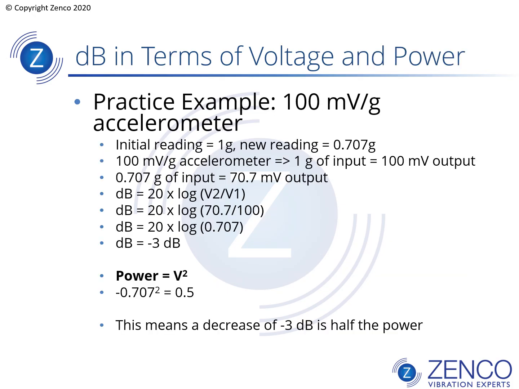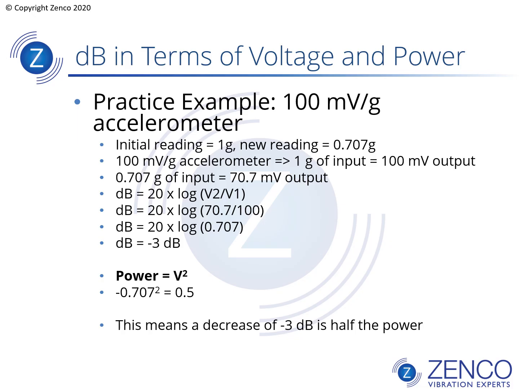Okay, now let's go back to our example of a 100 millivolt per G accelerometer and see where voltage comes into play. So let's say we had an initial reading of 1 G, and then we took another reading and it was 0.707 Gs. If our accelerometer is 100 millivolts per G, then 1 G of input would be 100 millivolts of output. If our vibration level was 0.707 Gs, then we would have 70.7 millivolts of output. So let's plug these into our equation as V1 and V2, and we have the dB is 20 times the log of V2 divided by V1.